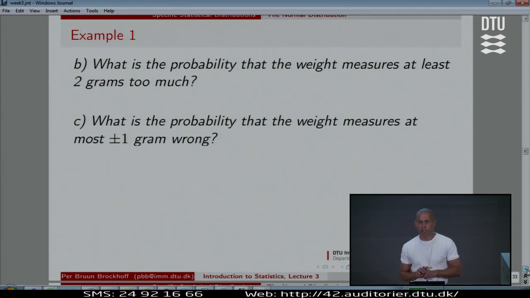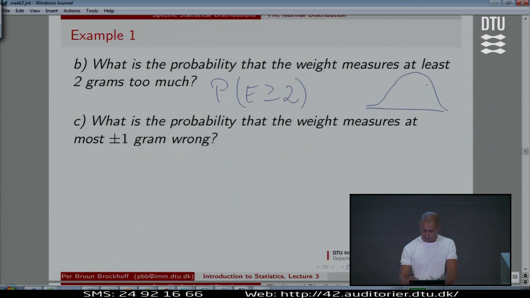Let me do one more little question before we do the break, related to the same example. What is the probability that the weight measures at least 2 grams too much? That's easy, because it's good to use sketches of normal distributions.